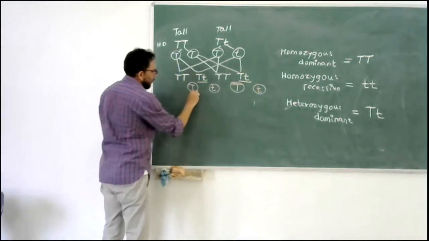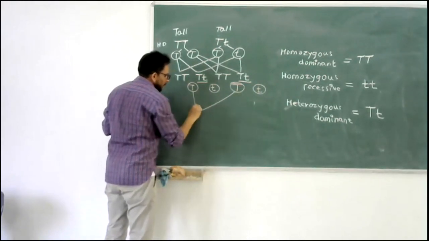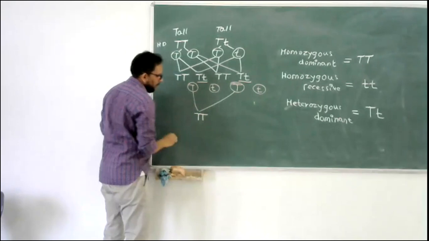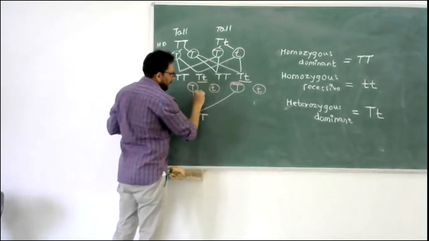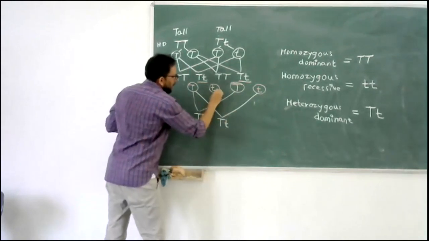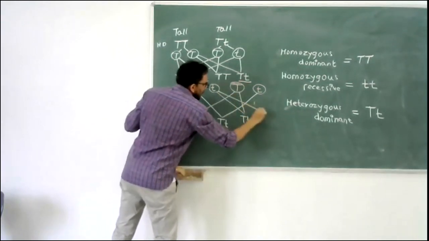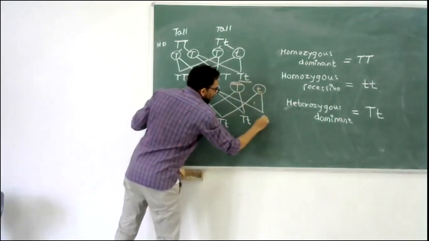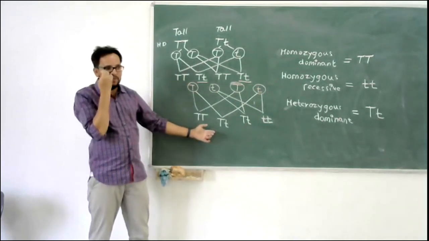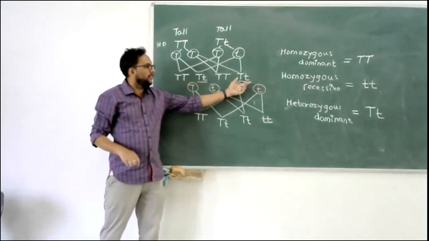So again, the possibility of combination is to get these two gametes together, so you have capital T and capital T. Then we have another possible combination, capital T, small t. This gamete with this, again capital T, small t. And we will have small t, small t, the same genotype we had in the F2 generation in the earlier cases. So this is the F1 generation.